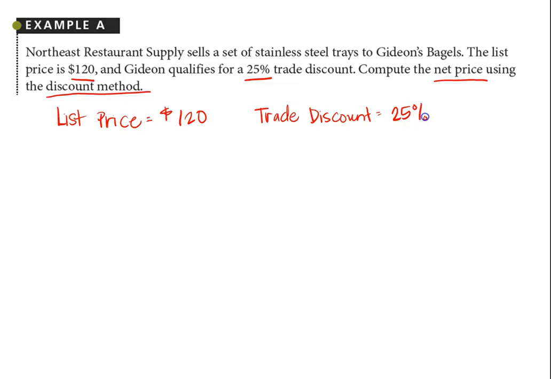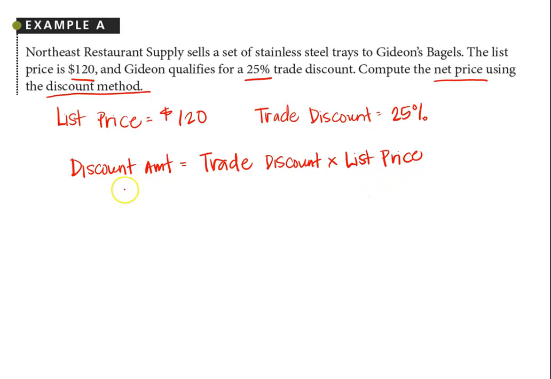Using the discount method, remember that the first thing that we need to do is to find the discount amount. Our discount amount formula, as we saw from the previous slide, is simply your trade discount multiplied by our list price.